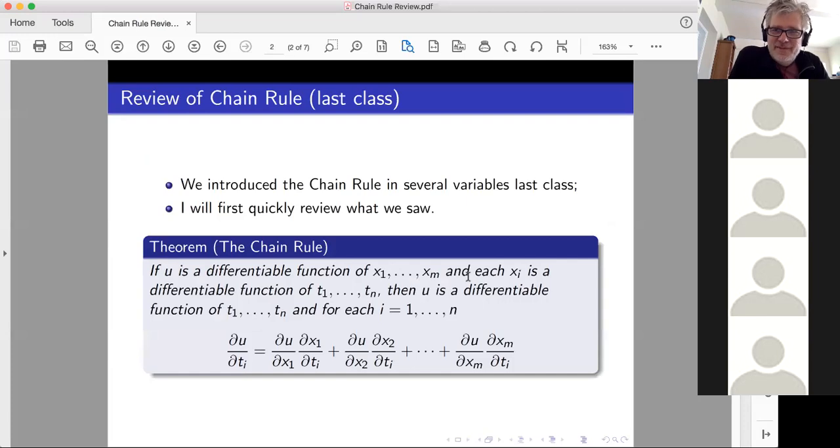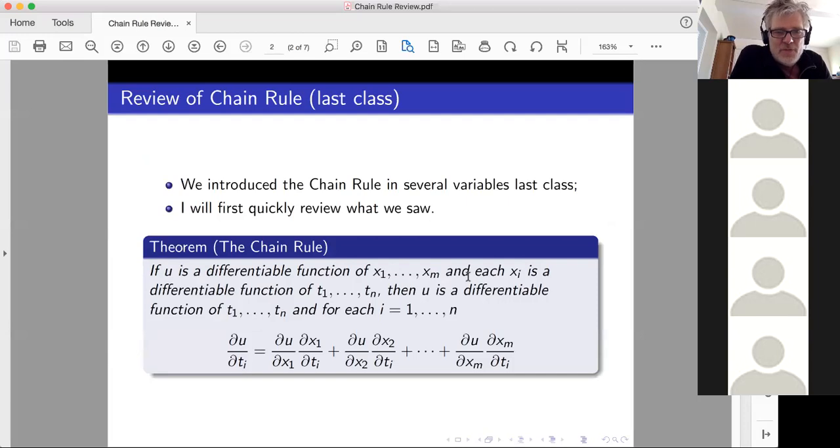So last class, which seems to be like 2 years ago, we looked at the chain rule in several variables. I want to simply restate the theorem.